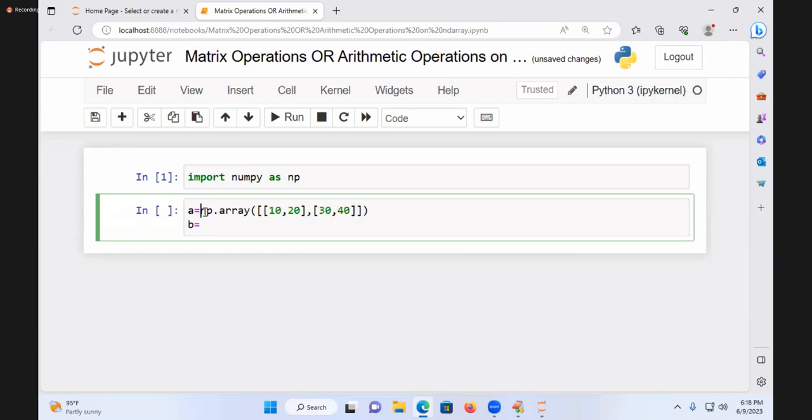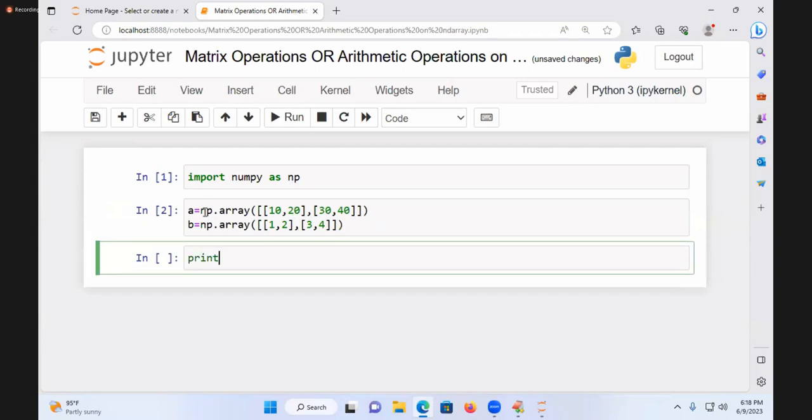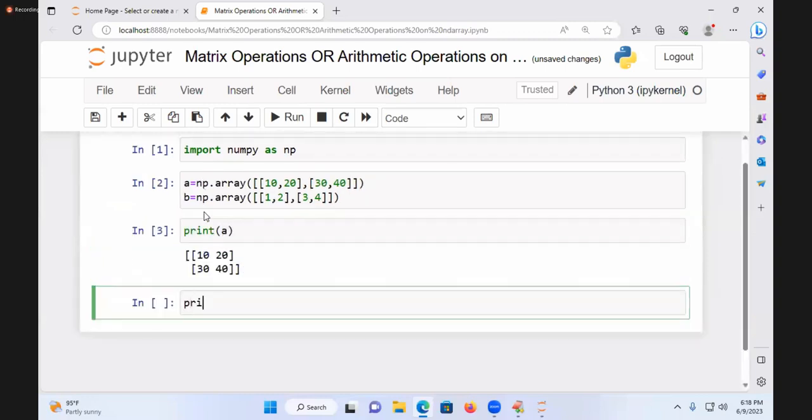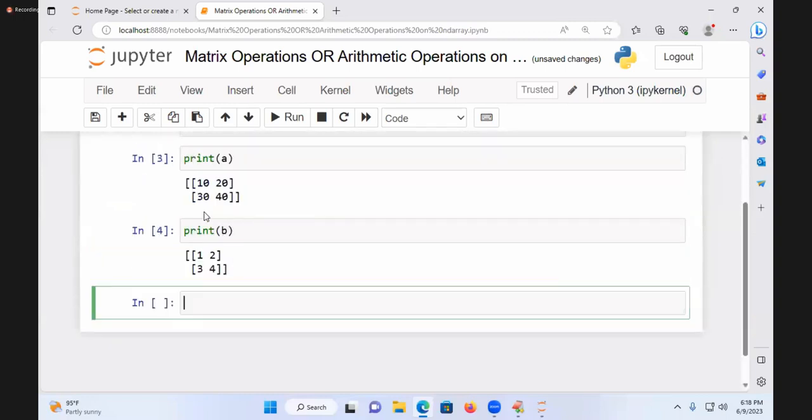B is equal to 1, 2 and 3, 4. These are the two matrices. Now I'm going to say print A, and next print B. And this is the answer now. Are you following me? Right.